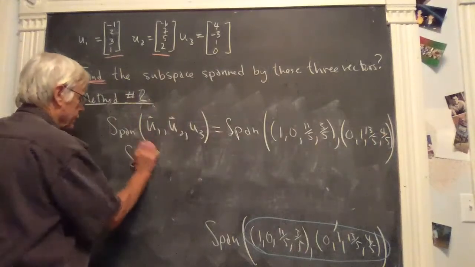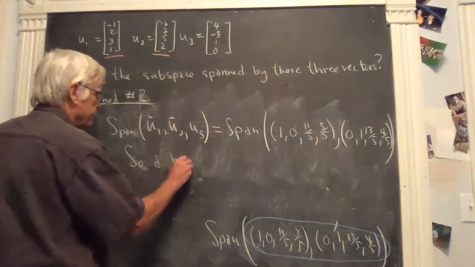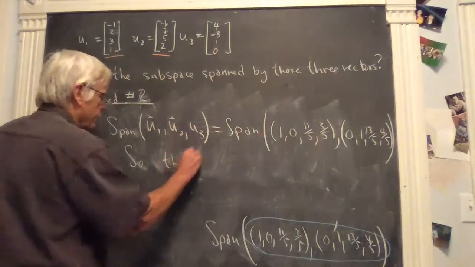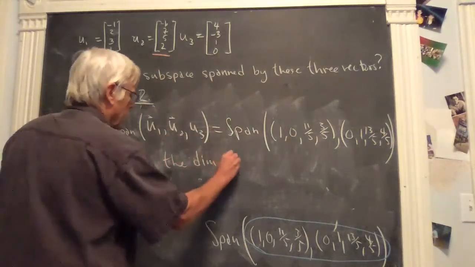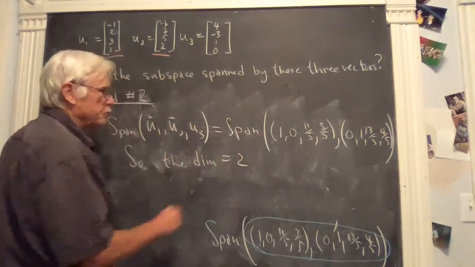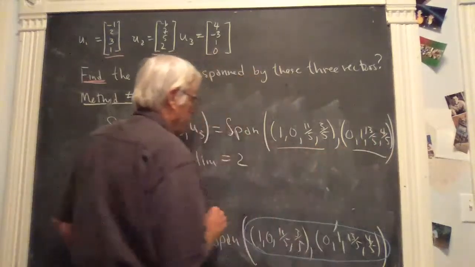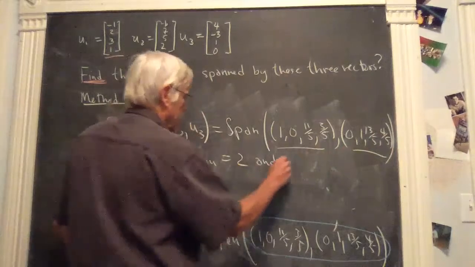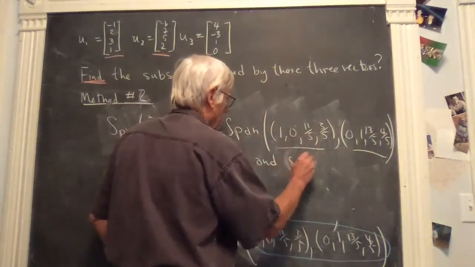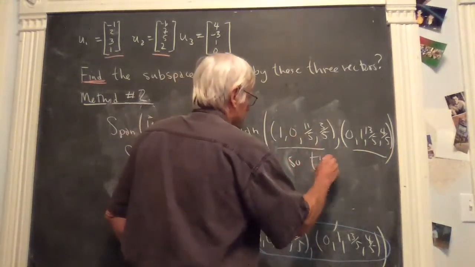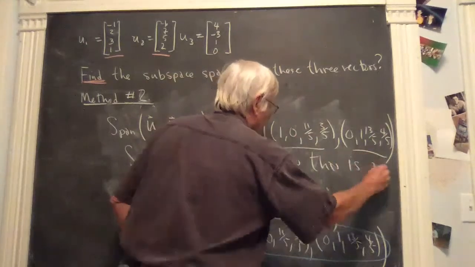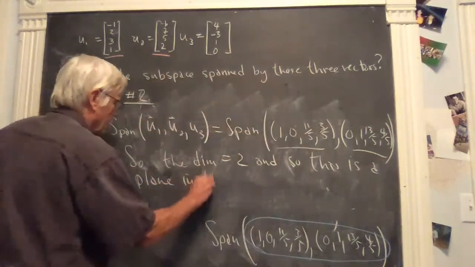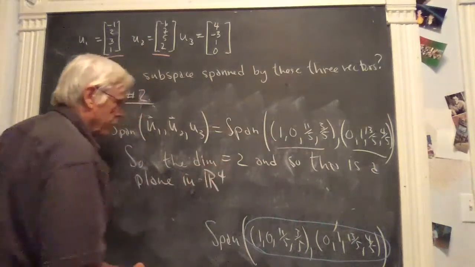So a basis, so the dimension of this subspace is 2. Two linearly independent vectors span it. And this is a plane, and so this is a plane in 4 dimensions.